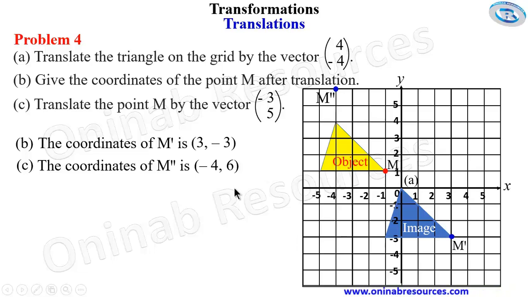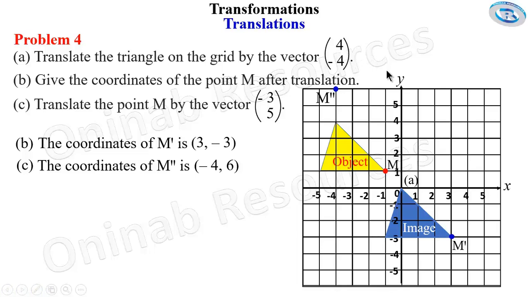For your information, do you know that it is possible for you to get the coordinates of the vertices of the object? Then for each coordinate, you are going to have a column vector. Then you now add this translation vector to each of the coordinates.